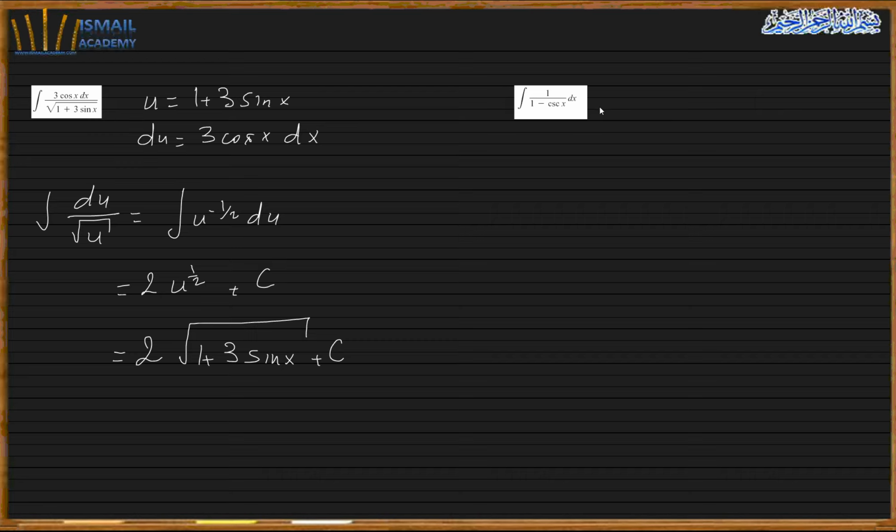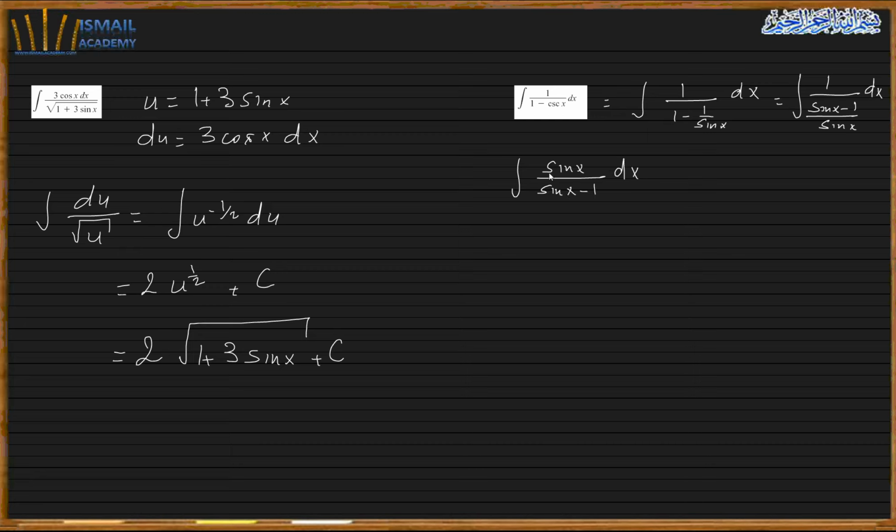So here I will have the integral of 1 over 1 minus 1 over sine, and here I will make a common denominator, so it's going to be 1 over sine x minus 1 over sine x dx. So I multiply by the reciprocal, so it's going to be the integral of sine x over sine x minus 1 dx.